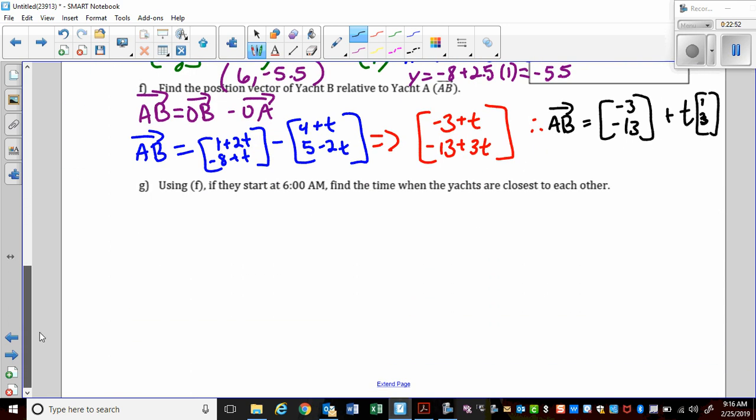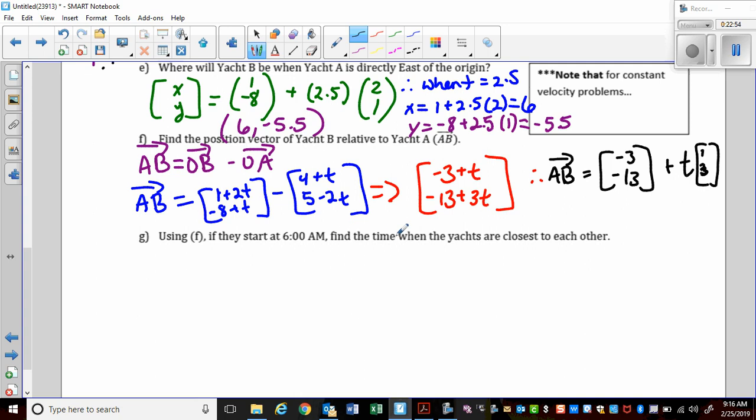Using F, if they start at 6 a.m., find the time when the yachts are closest to each other. So if they start at 6 a.m., that means this is when our time equals 0. Closest to each other means that the distance between them is at a minimum.